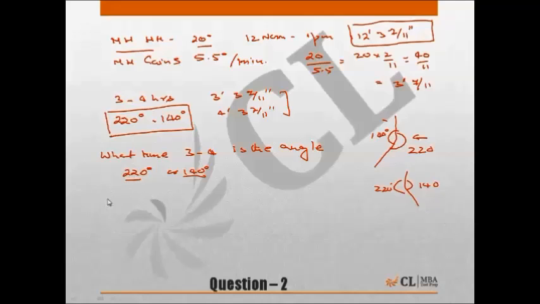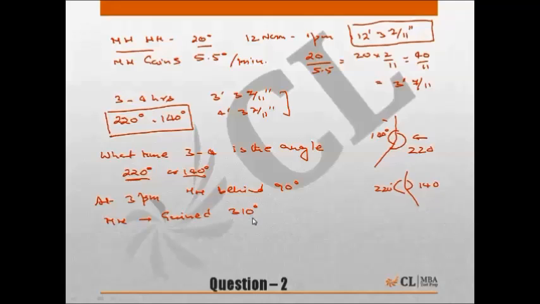At 3 o'clock, at 3 p.m., the minute hand is behind by 90 degrees, and when the person leaves it is ahead by 220 degrees. So in other words, the minute hand has gained 220 plus 90, 310 degrees.